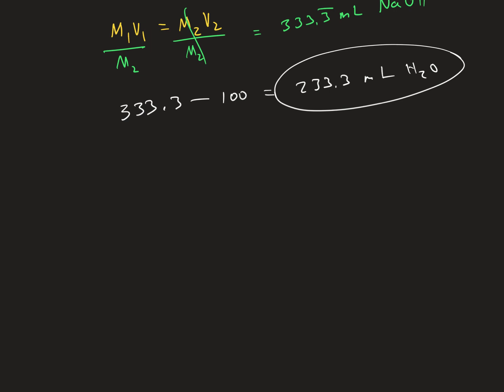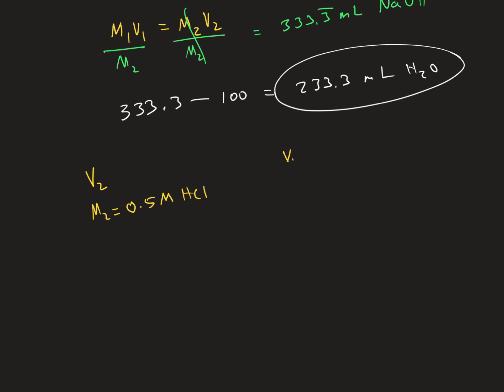It says how many milliliters, so we're looking for volume, right? Of a solution that can be made, so is this V1 or V2? Doesn't matter, but we can call it V2. If we call it V2, what's M2? 0.5 molar, because we want to know how many milliliters of a 0.5 molar solution of HCl can be made by adding water to 25 milliliters.